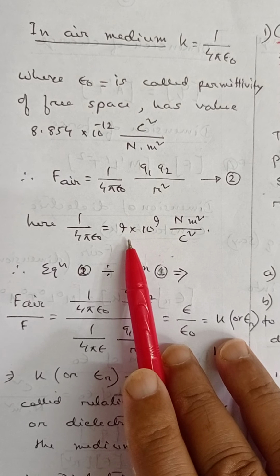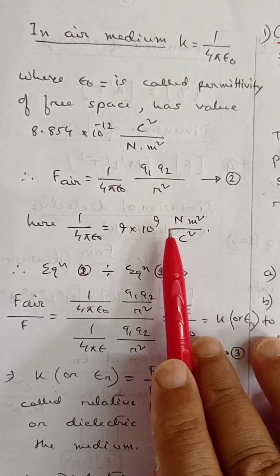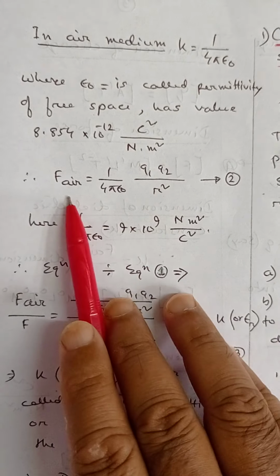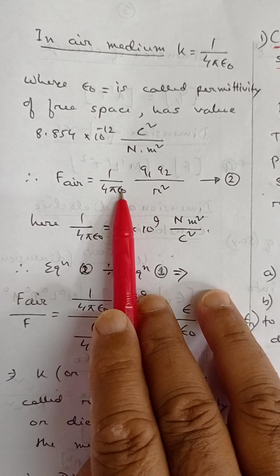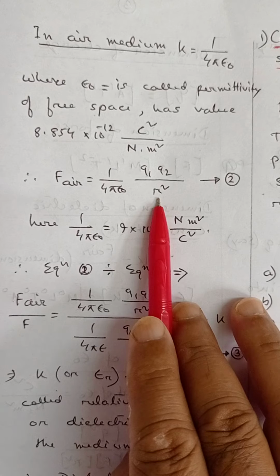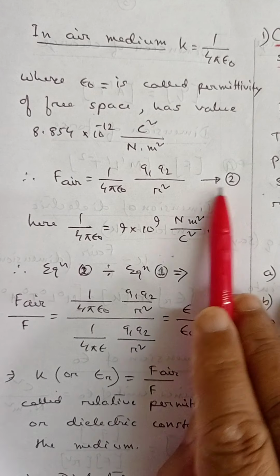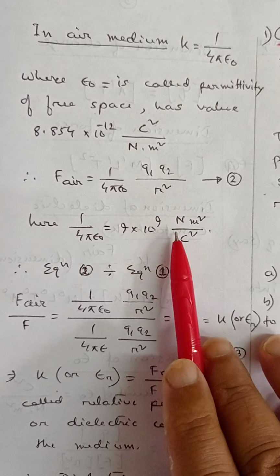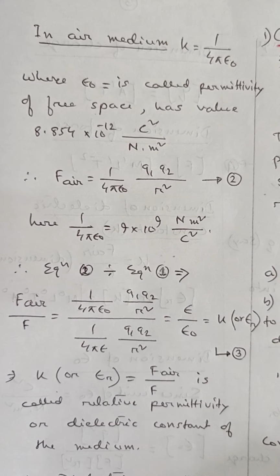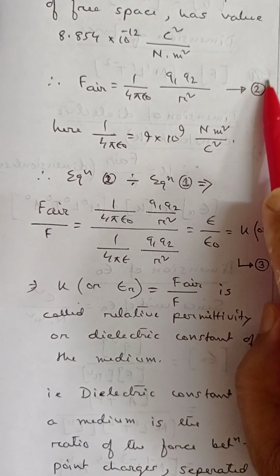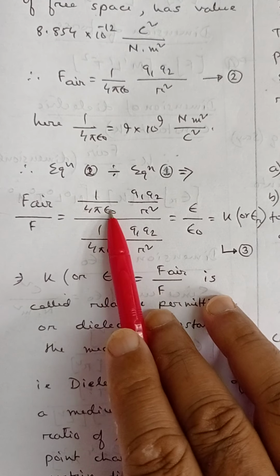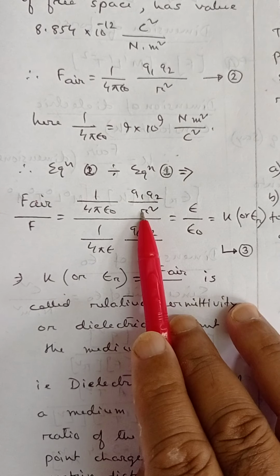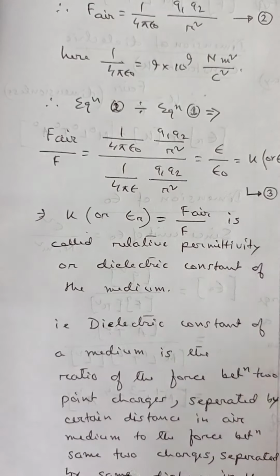If the medium between the point charges is air or vacuum, Coulomb's law is written like this: F air is equal to 1 by 4 pi epsilon 0 Q1 Q2 by R square, equation 2. Now, if we divide equation 2 by equation 1 — can you remember equation 1?